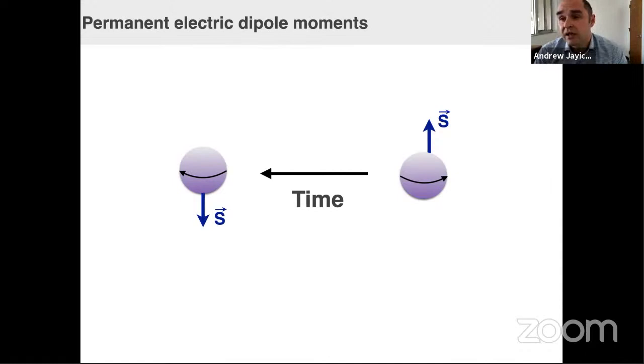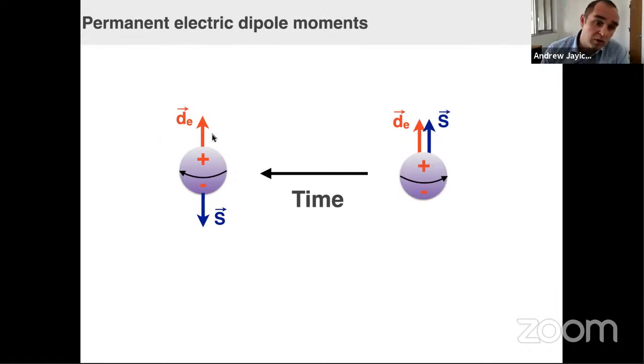If we add a dipole moment to the particle, so if we consider the particle has a permanent electric dipole moment, the dipole moment will point with some direction with respect to that spin. It'll give the particle shape. This could be an electron, for example. And if you reverse time, it's kind of like reversing a potter's wheel. That shape isn't going to change. It's going to stay upright, if you will, if you reverse the arrow of time.